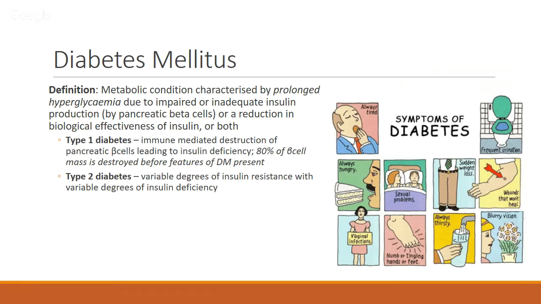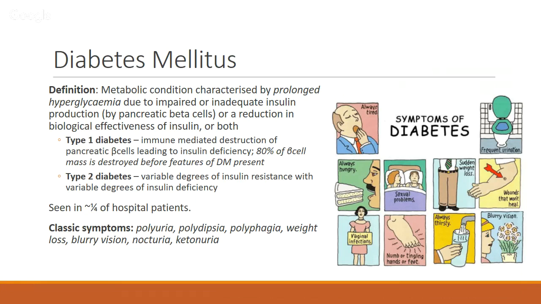Type 1 is mainly caused by insulin deficiency from autoimmune causes, like your body attacks your pancreatic beta cells. And type 2 is caused by insulin resistance with varying levels of insulin deficiency. So a type 2 diabetic patient may later require insulin as well, but he's still considered type 2, even though he may be more like type 1 later.